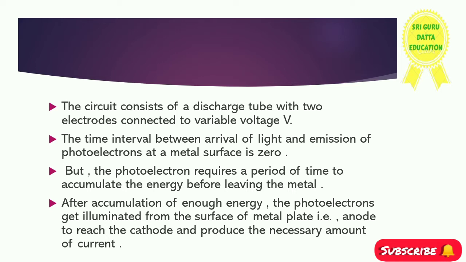But the photoelectron requires a period of time to accumulate the energy before leaving the metal. That means when a photoelectron is emitted, it takes some time to travel within the metal so that it accumulates the energy before leaving the metal.